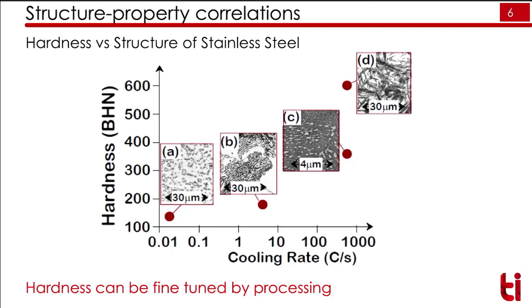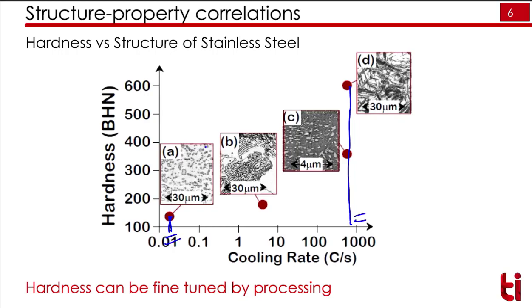For example, if you cool the steel from the molten state at the rate of 0.01 degrees centigrade per second, versus 1000 degrees centigrade per second, this is very slow compared to that, right?